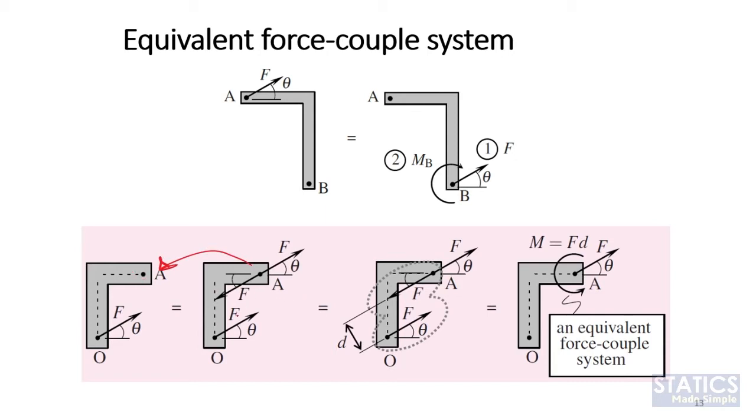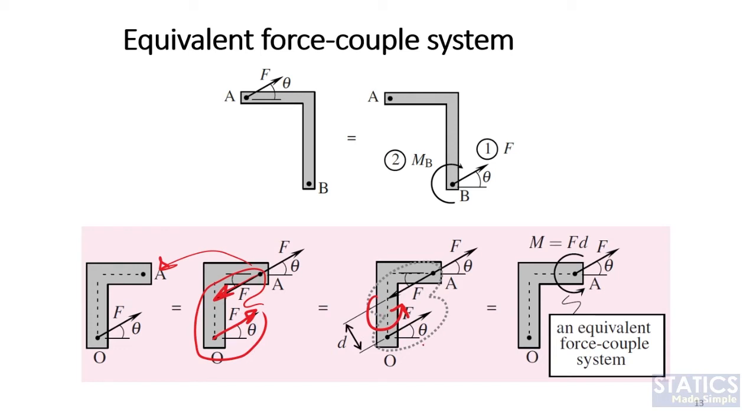However, once we do this, we start to see that this portion of the force and this force will create a couple. So instead of having these two forces, we can replace this with a couple, meaning a moment that is rotating counterclockwise, and this moment can be placed anywhere.